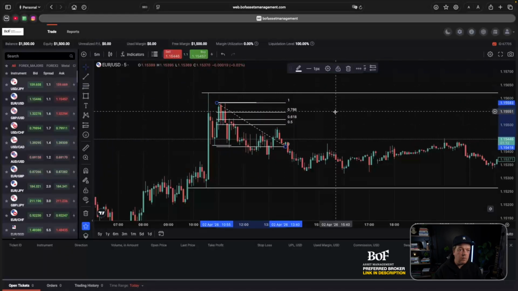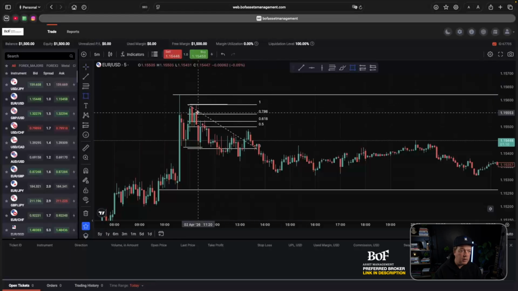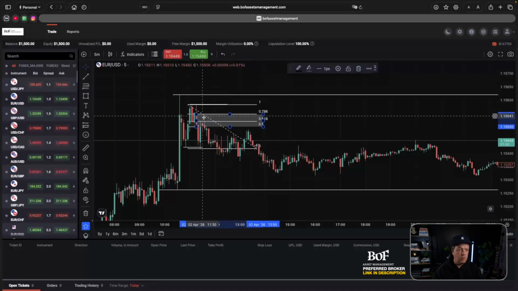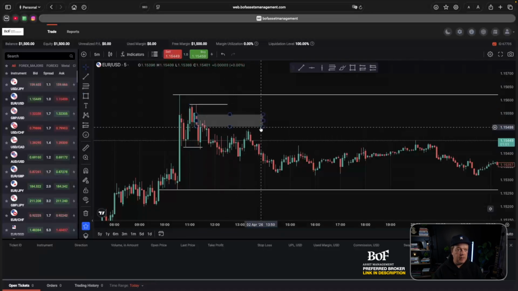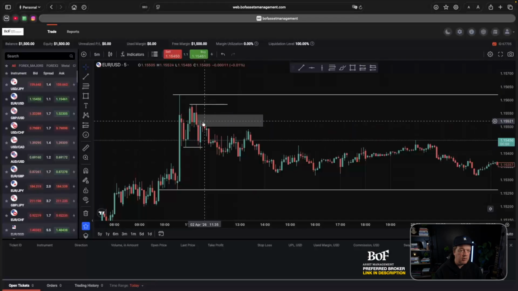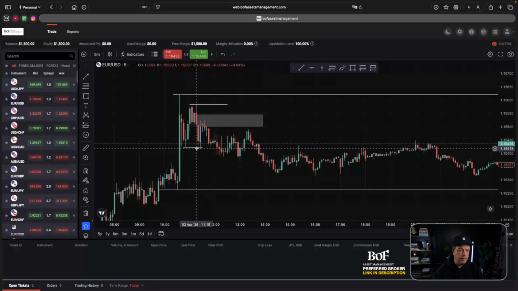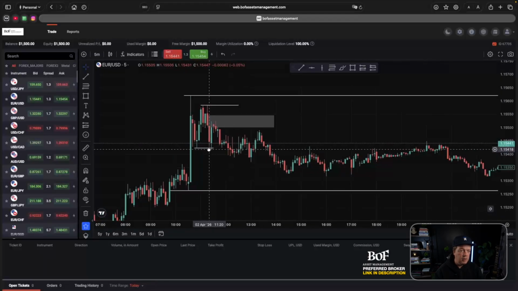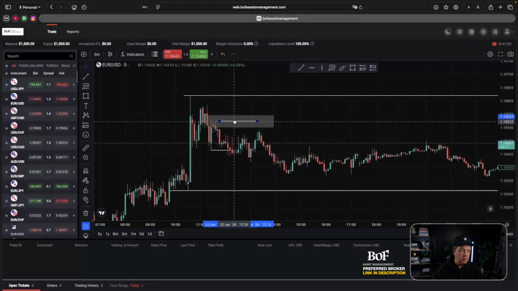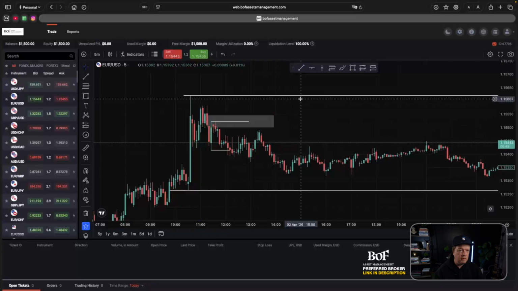And then we want to mark out our golden zone, which is between the 50 and the 78% zone right over here. When we delete the fib, we can clearly see price entered our zone and we had a push down. Now a new low has been created right over there and a new high as well.